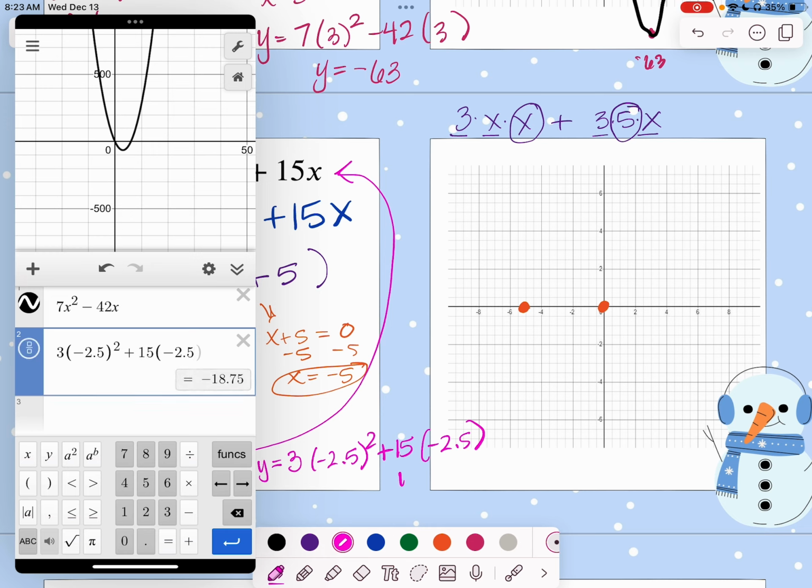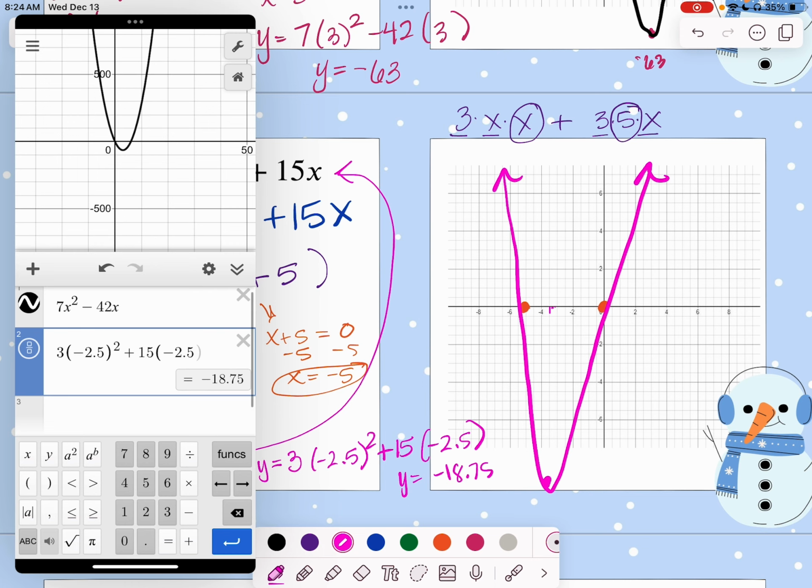And I get that my y is negative 18.75. I don't really know where that is, but I'm going to do my best. This is negative 3, so negative 3.5, and we'll pretend negative 18.75 is way down here. And we'll just do a nice little sketch of that.